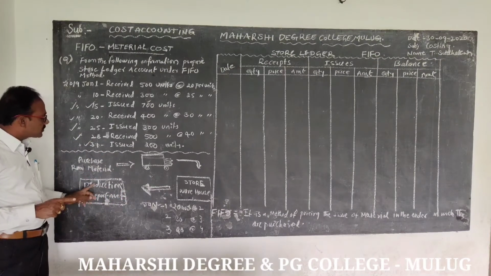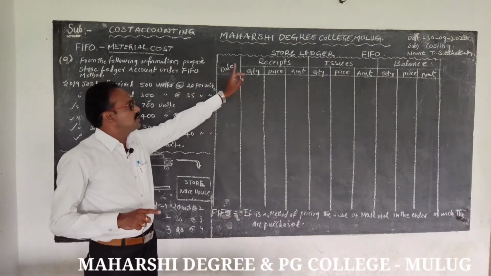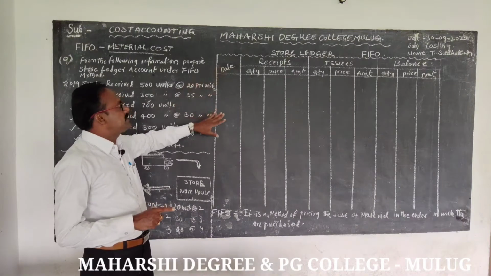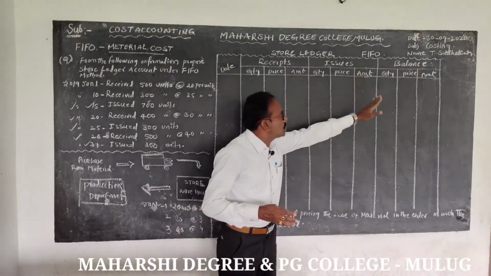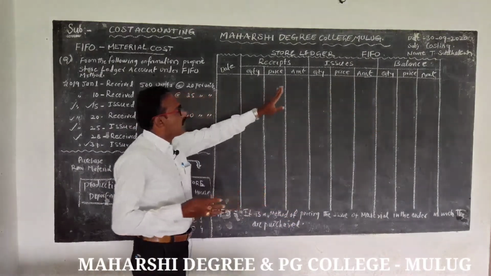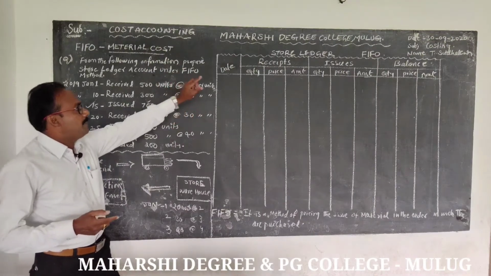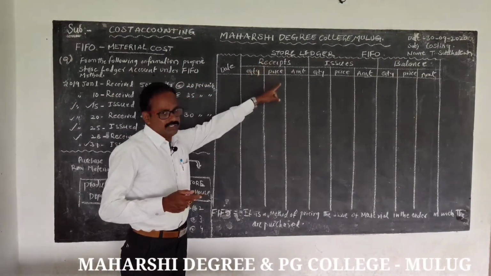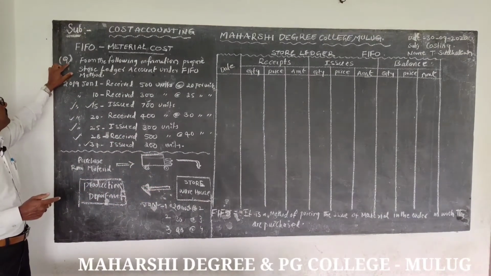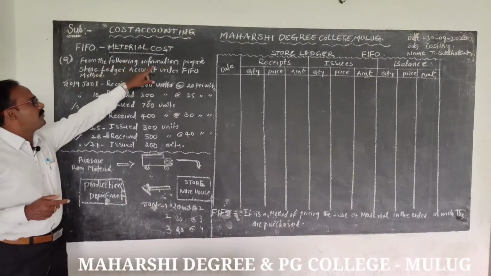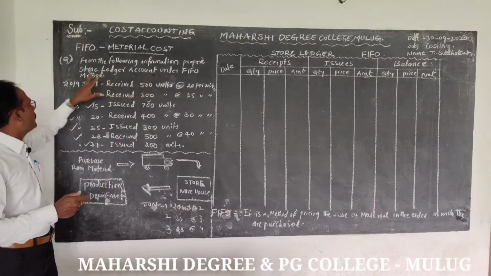So first, the production department prepares the store ledger. In the store ledger, the material receipts are entered, and issues and stock columns. So the three columns are very important in the store department. For example, a problem: from the following information prepare the store ledger account under the FIFO method.